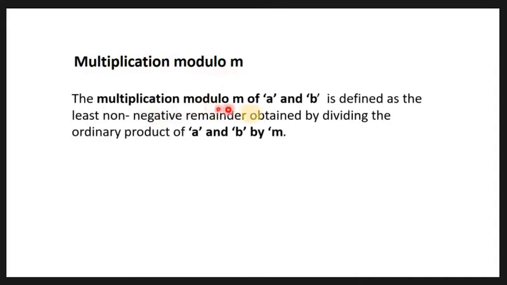Multiplication modulo m of a and b is defined as the least non-negative remainder obtained by dividing the ordinary product of a and b by m.